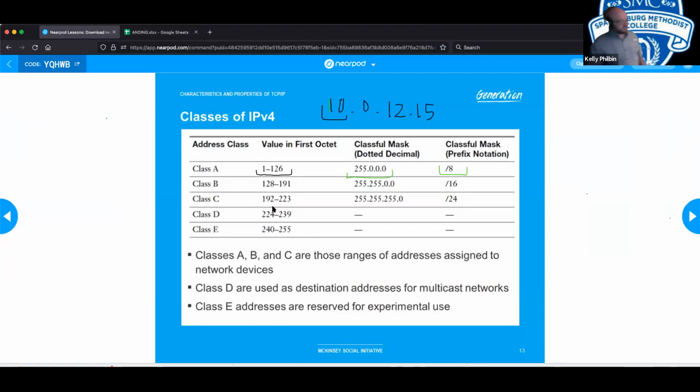So that is where the classifications are coming from. Yes, you do need to know these ranges for class A, B, and C. 0 to 126, 128 to 191, 192 to 223. Those are your A, B, and C ranges.